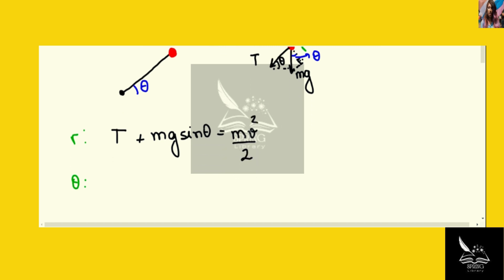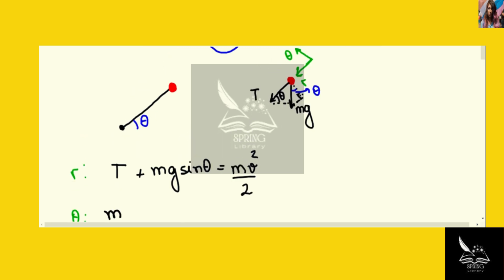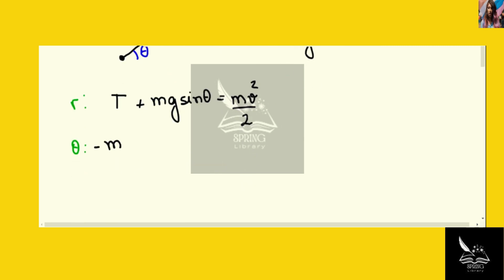Also, in the theta direction, we only have mg times the cosine of theta, but notice that it's pointing downwards. So it's minus mg times sine of theta is equal to m times the tangential acceleration a_t.